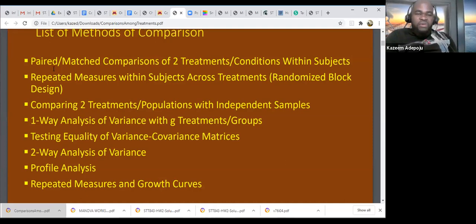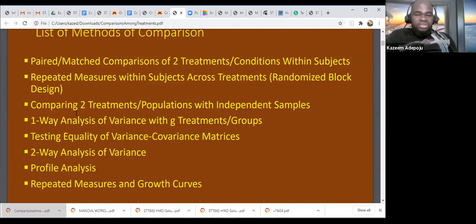Then we also have what we call repeated measures within subjects across treatments. Some of you have heard about randomized block design in the analysis of experiments. So today we're going to be focusing on the multivariate generalization of the univariate.